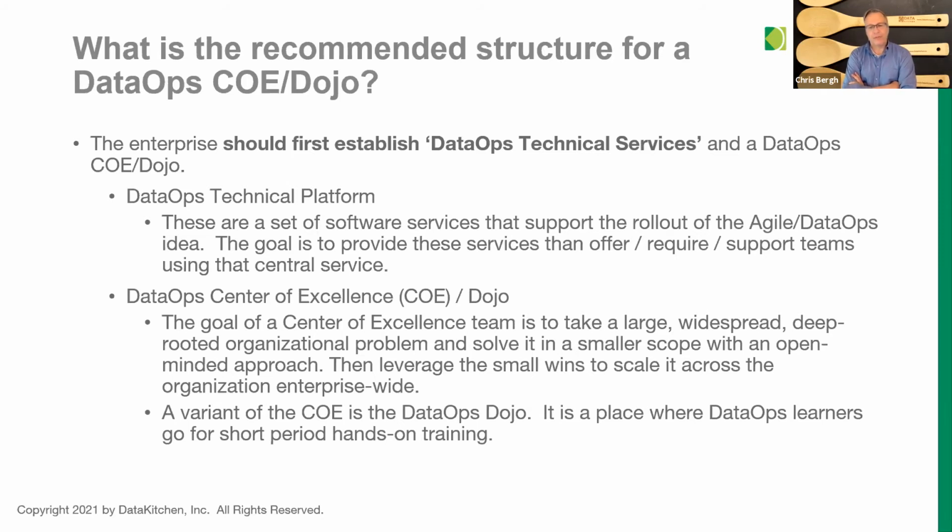There are two patterns that I've seen there. One is a COE, where people come in and act as a place where they can start getting wins in the organization. They come in like combat troops, do the work and make it happen. And a variant of the COE was a dojo, where people come in and they work, they train, and then they go out and make the changes on their own.